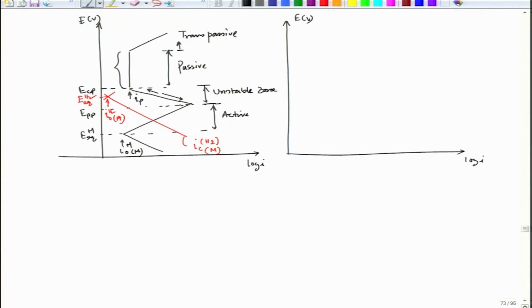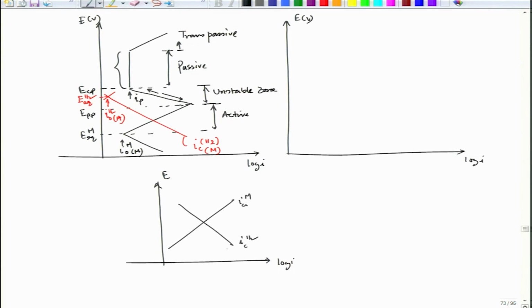Now, as we have understood last time when we talked about how we get the experimental plot, let us say this is log I and this is potential, we have these two lines intersecting. This is IC hydrogen, this is IA of metal.